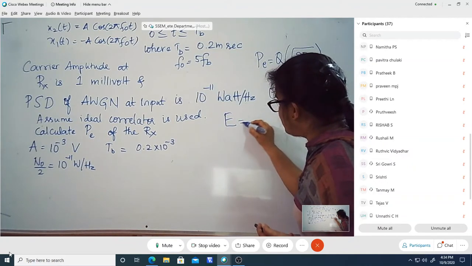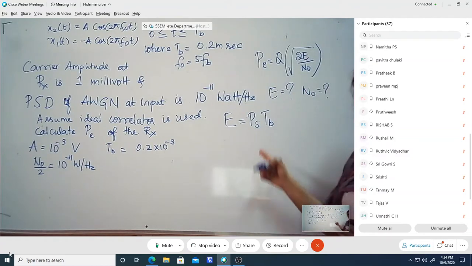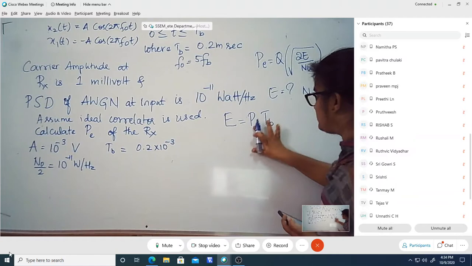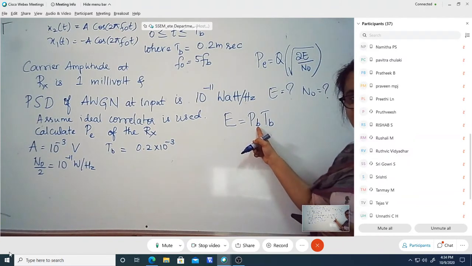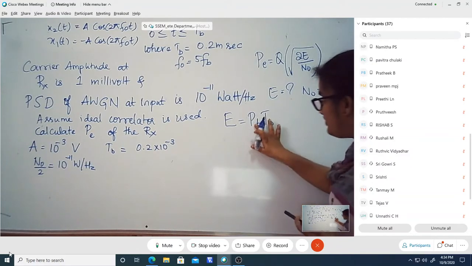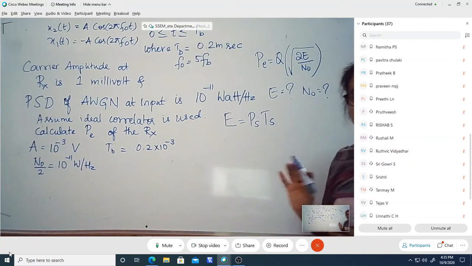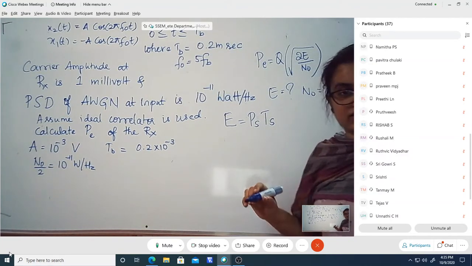Energy is equal to power multiplied by the time duration within which the symbol is transmitted. You can also write this as Pb times Tb. Though it is symbol power, you can either write this as Ps into Ts, it is still valid for BPSK. But what is power?